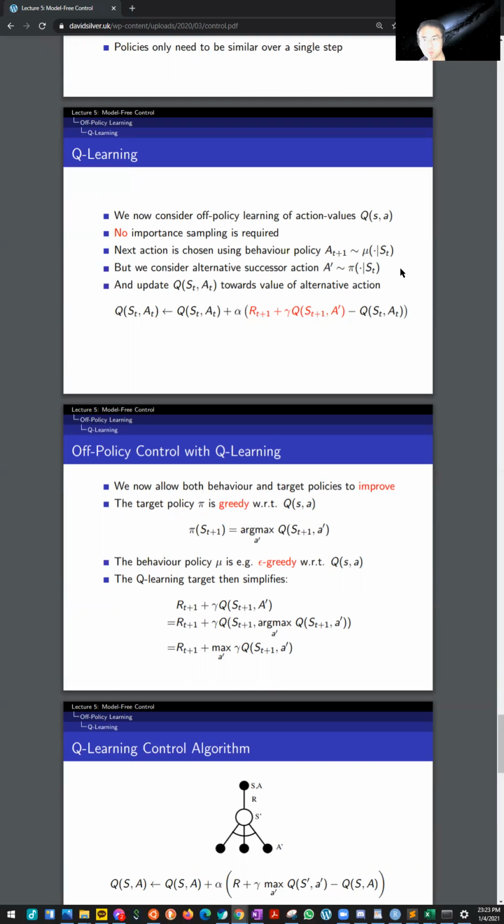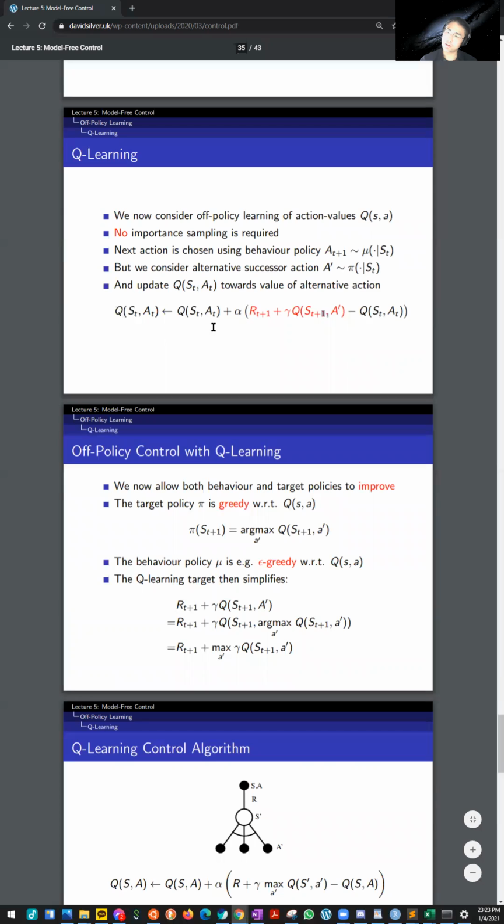So what determines our action and what determines our update are based on two distinct policies, and this is still a valid Bellman equation, as you can see.